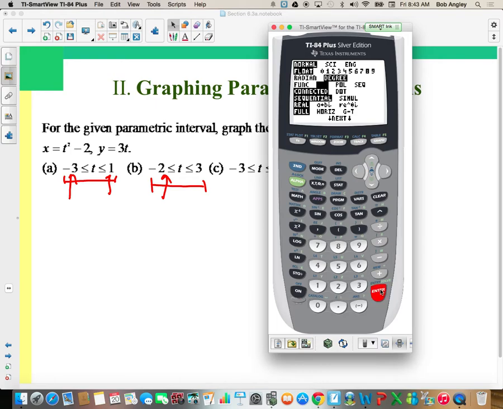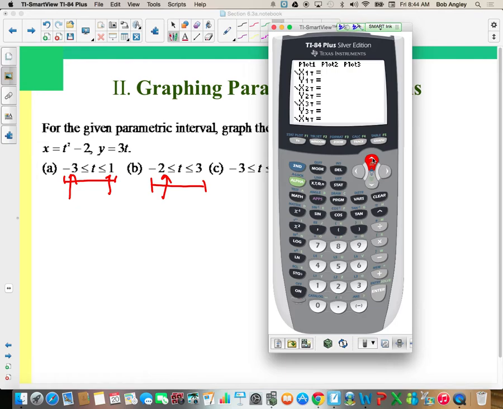Now, press y equals, and I've got something in here from calculus. Let me just clear it out for a minute because that looks too interesting for us to do yet. We wouldn't understand it yet. Now, notice that when we look at this, it's got an x sub 1t and then a y sub 1t, so it's got two equations. And so it looks different than function mode looks.